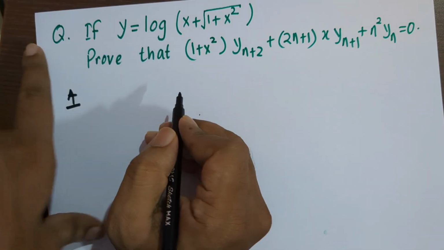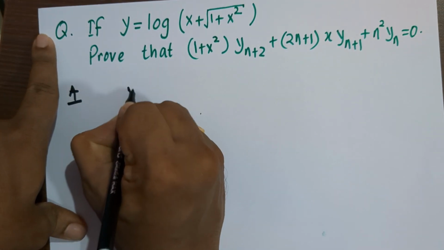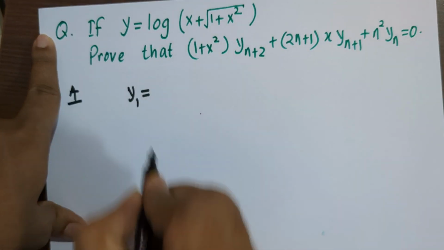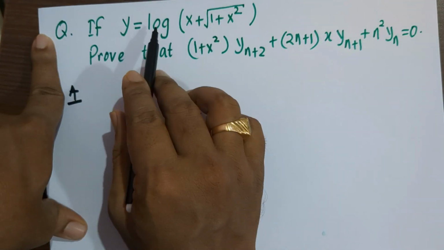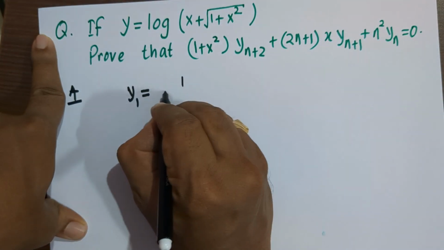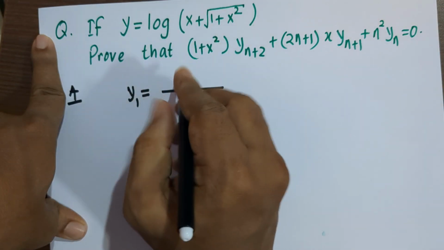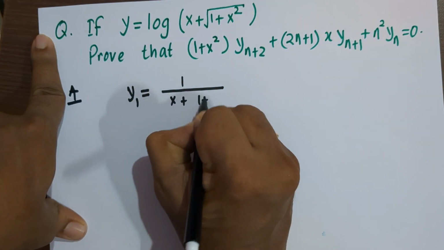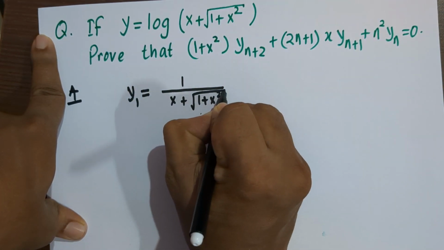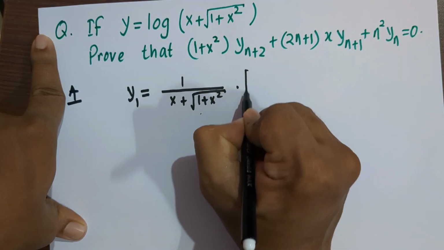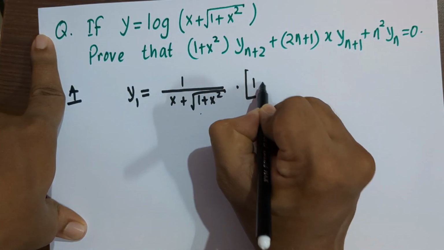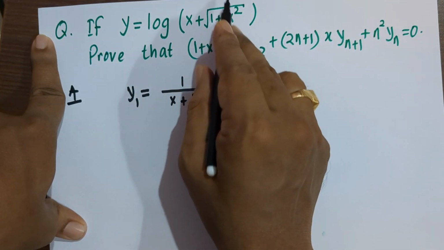Here we have y equals to this one. So what is its first order derivative? We'll apply the chain rule, log of something. The outer function is log, so 1 over the inner part, which is x plus square root of 1 plus x squared, then the derivative of the inner by the chain rule, which is the derivative of this one, 1, plus the derivative of this one.